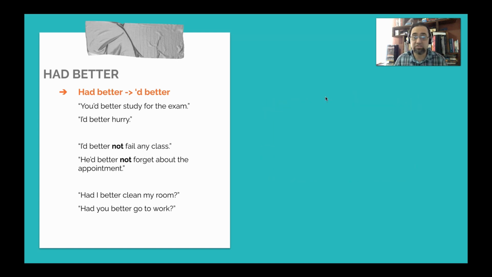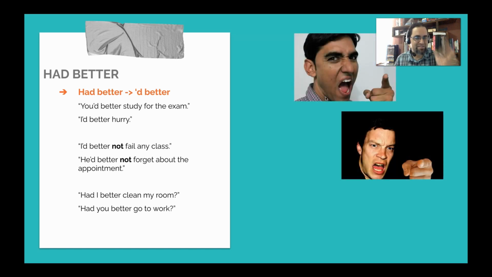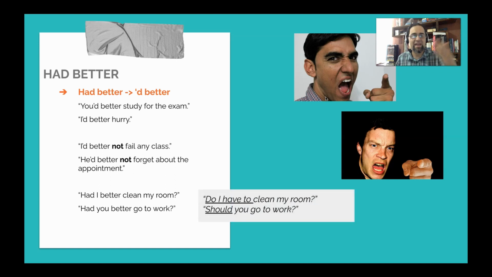You can also use the interrogative way. Had I better clean my room? Had you better go to work? So, as you can see, there is a level of intensity in these expressions with had better, so don't use it lightly, alright? Really save it for very special situations. And similar to the last modal verbs, you don't really use the interrogative way. It's not very common. It's better to go to have to if you want to emphasize the obligation.